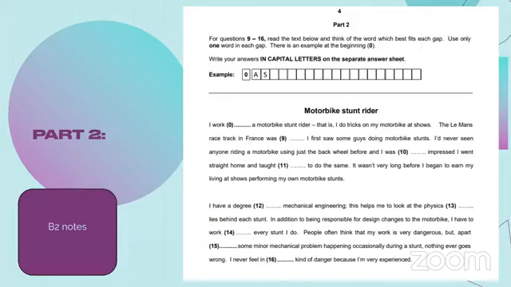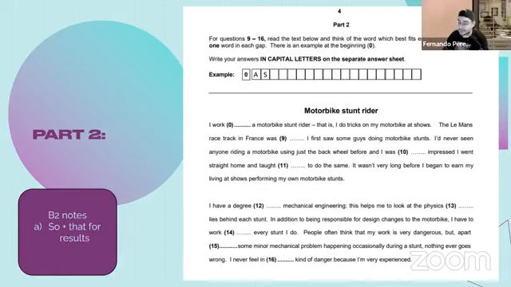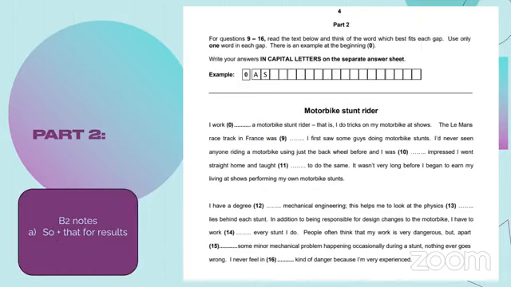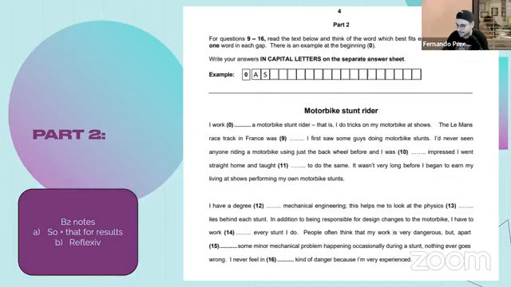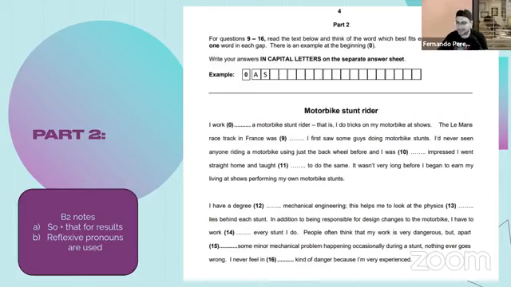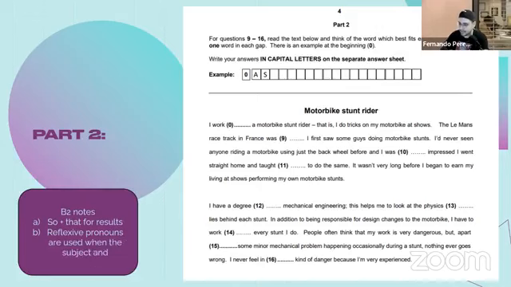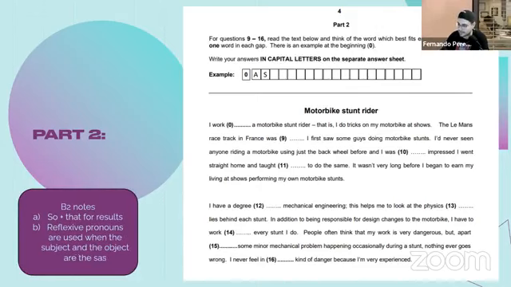When you are talking about yourself, exactly. The name reflexive gives you the idea. It's like a mirror. Reflexive pronouns are used when the subject and the object are the same person. Those are the two important notes that we took from this lesson.